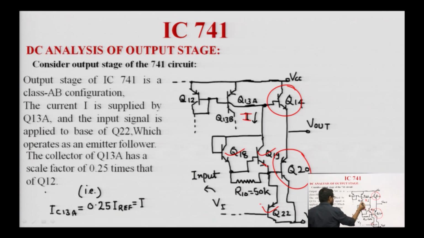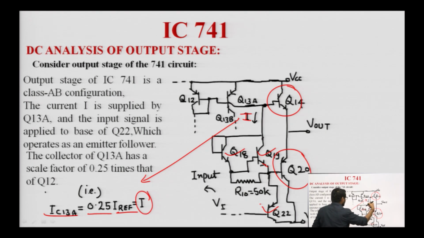We use the same relation between the areas of Q12 and Q13A. So we get the collector current IC of Q13A equal to 0.25 I reference, and we consider here I as the current flowing, and the same bias current I will be divided into two, that is Q18 and Q19, and the same current will flow for the Q22 transistor.